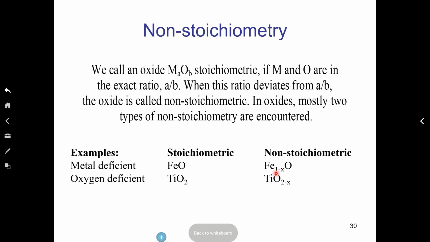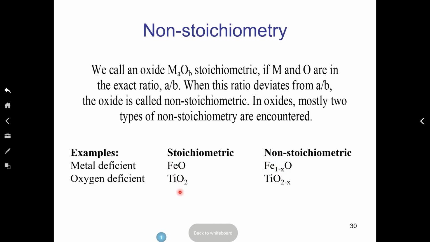You might think the PO2 will affect the anion sublattice, but there are some oxides where because of the bonding and interaction with the cation and anion, the preference will be such that, in a way, you can think of this as excess oxygen or metal deficiency.